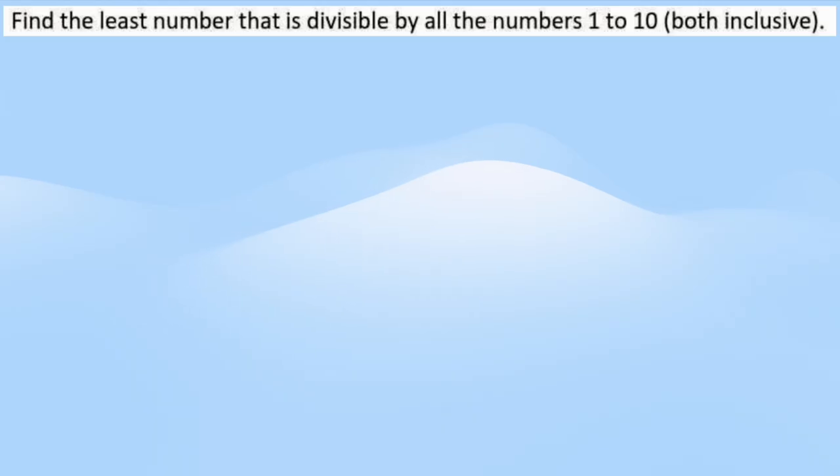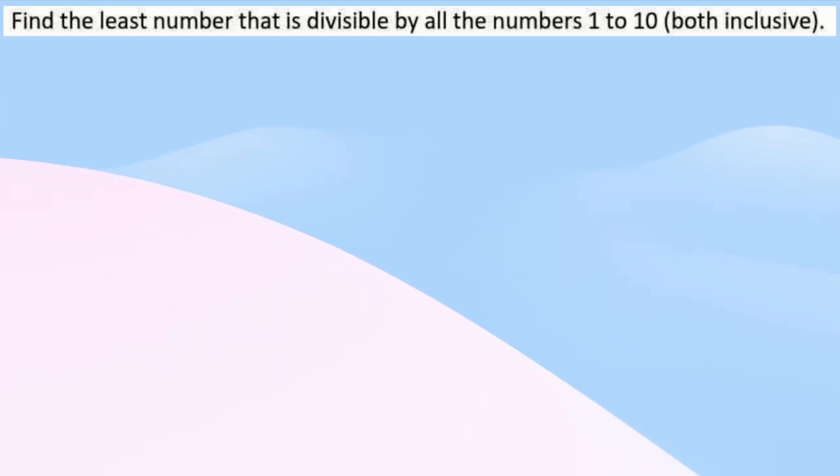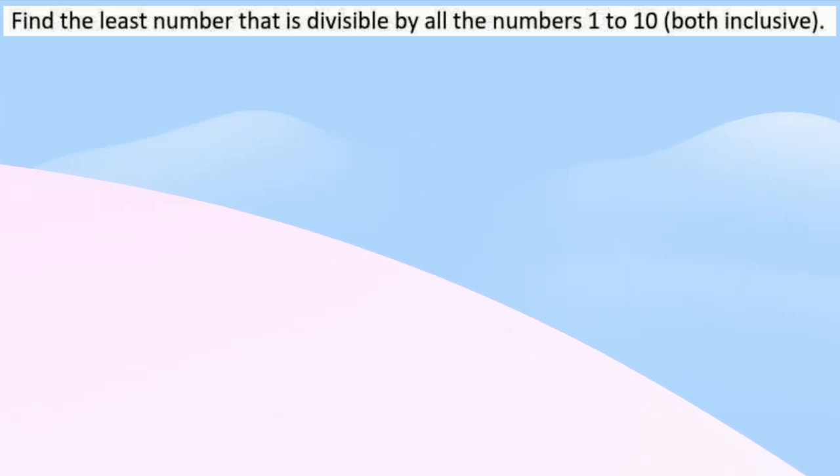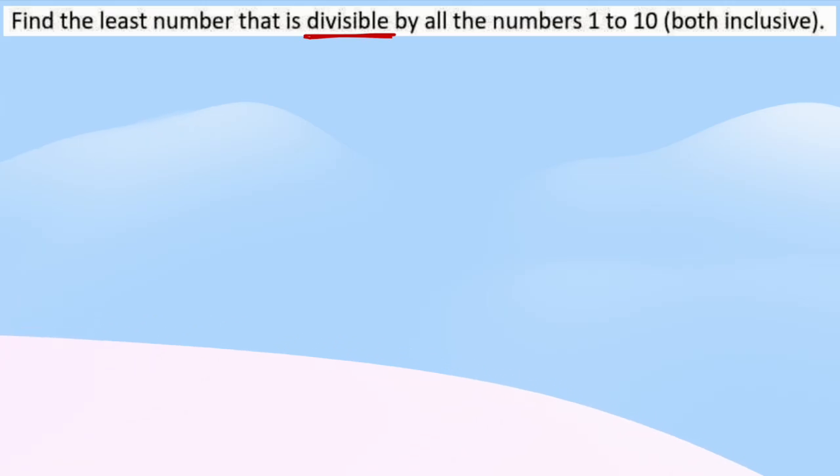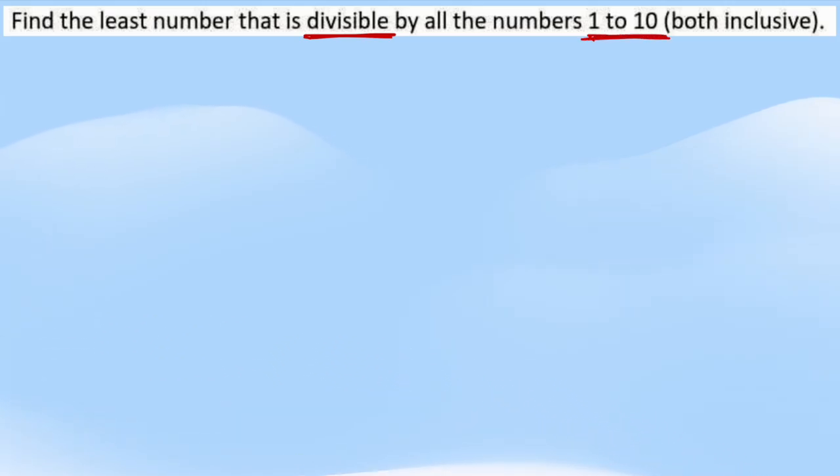Find the least number that is divisible by all the numbers from 1 to 10, both inclusive. Least number, or smallest number, I have to find that is divisible by all the numbers. So the number will be greater than 1, 2, 3, right?